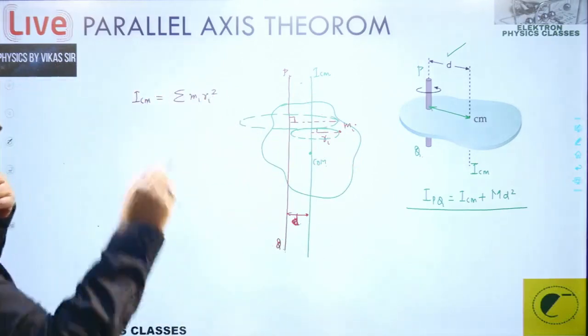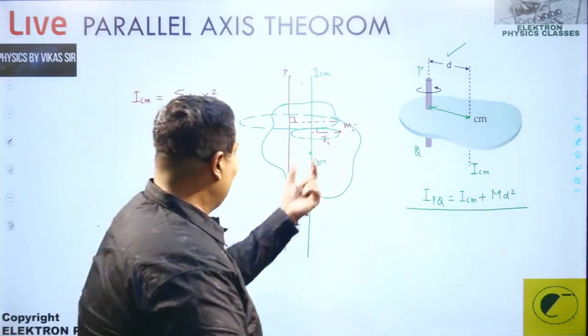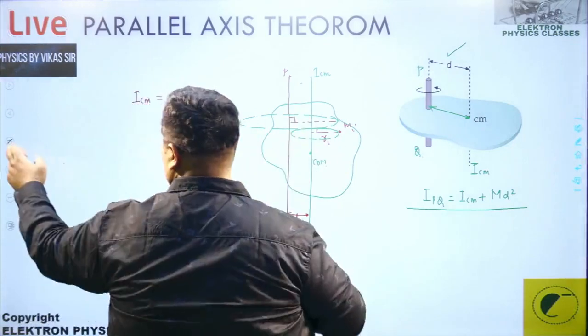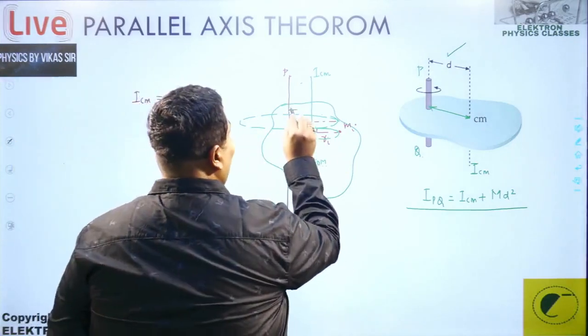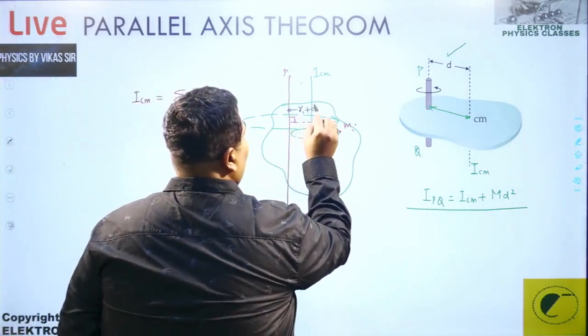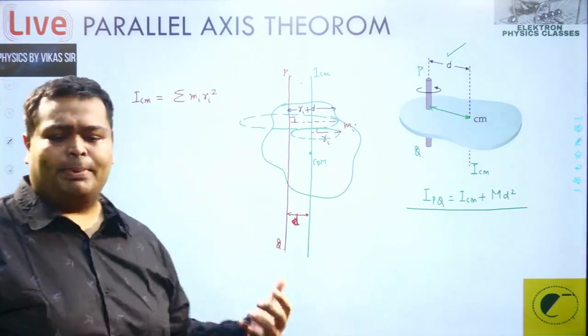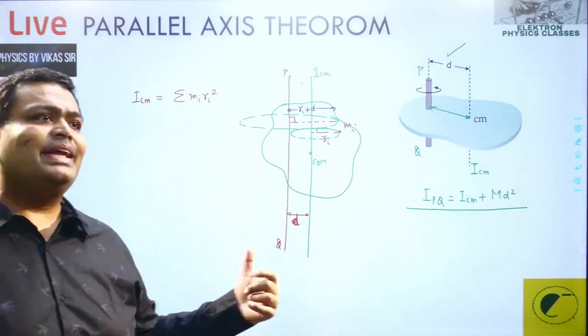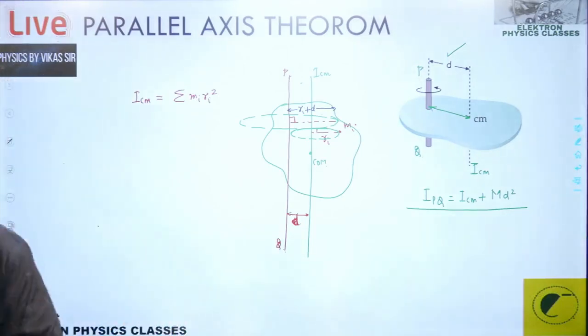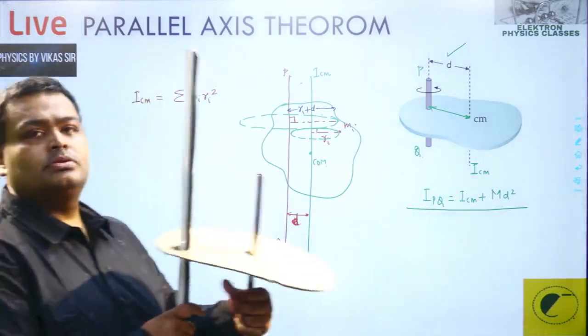And what is the value for the larger radius? This is ri plus d. So this distance over there, that's ri plus d. The particle does not move anywhere. We are selecting a different axis.